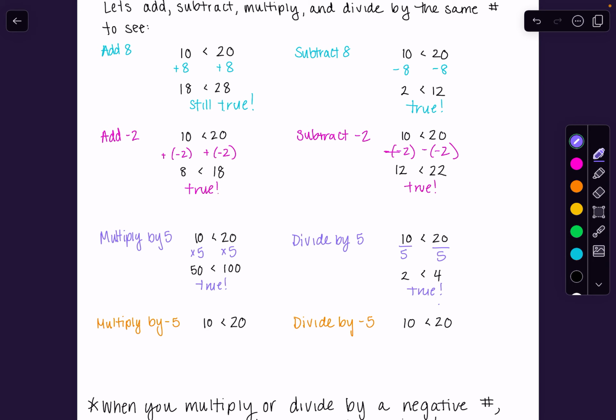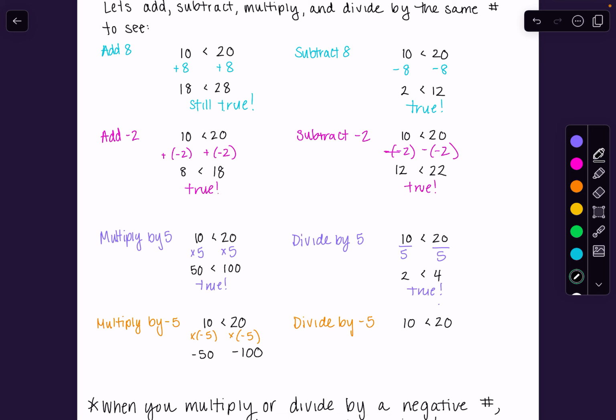Now, however, let's try these negative values. So we have 10 is less than 20. We're going to go ahead and multiply both sides by negative 5. So we're going to take this side, times it by negative 5. This side, times it by negative 5. That leaves me with negative 50 and negative 100.